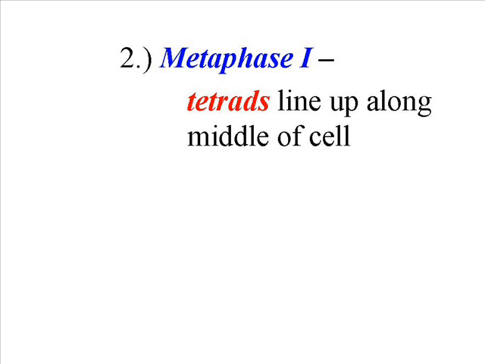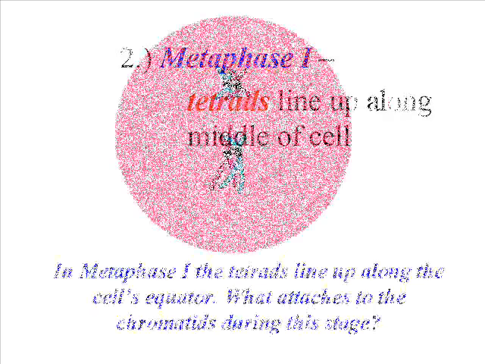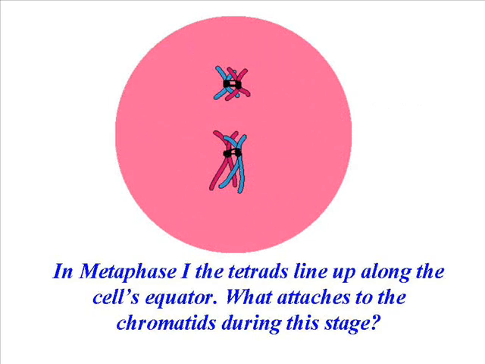When the cell continues into metaphase 1, just like in metaphase in mitosis, the chromatids in this case are going to line up along that equator of the cell. Again, the chromatids are still going to be moved around to keep those tetrads intact.